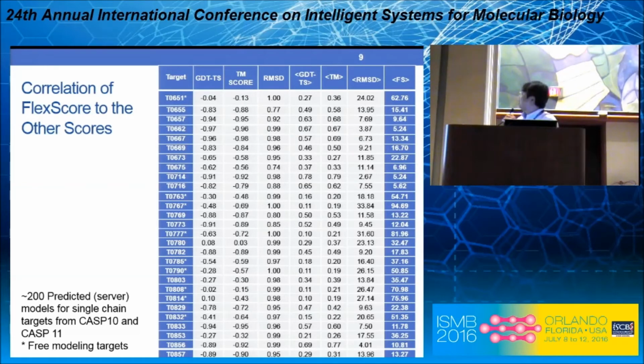First, RMSD has a very good correlation overall. TM score and GDT-TS have good correlation in many cases, but sometimes very low correlation. This typically happens when these are the average scores of the 200 models. This very weak or no correlation occurs when the models are very bad. If the model is very bad, it has a very large discrepancy.